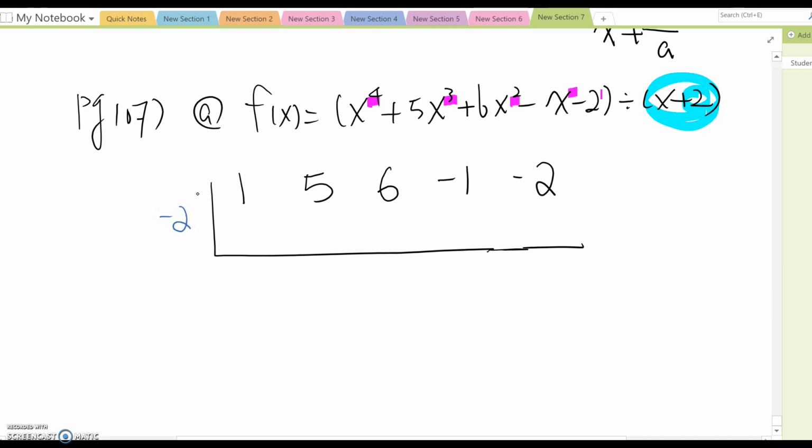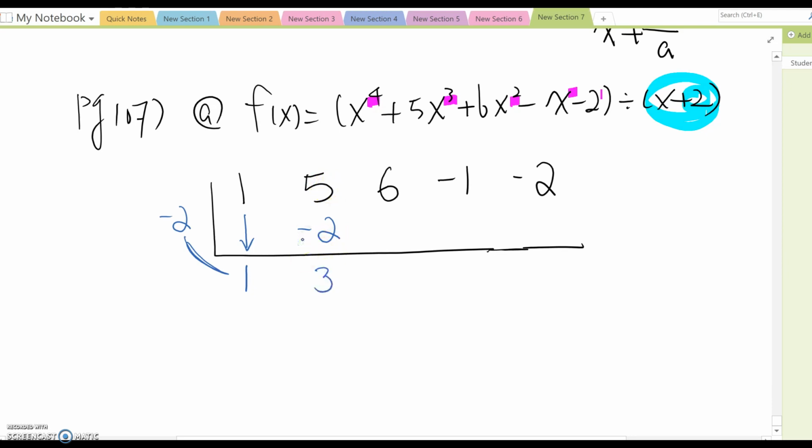From here, please listen carefully. You always draw down the first number. So 1, just draw it down here. And then you multiply. Negative 2 times 1 becomes negative 2. And you combine them. Combining means addition, right? So 5 plus negative 2 is 3.